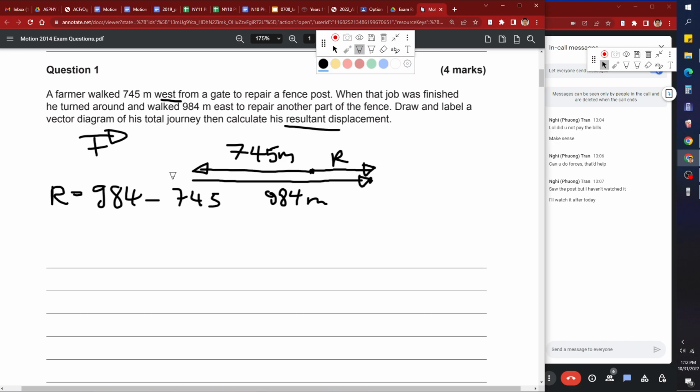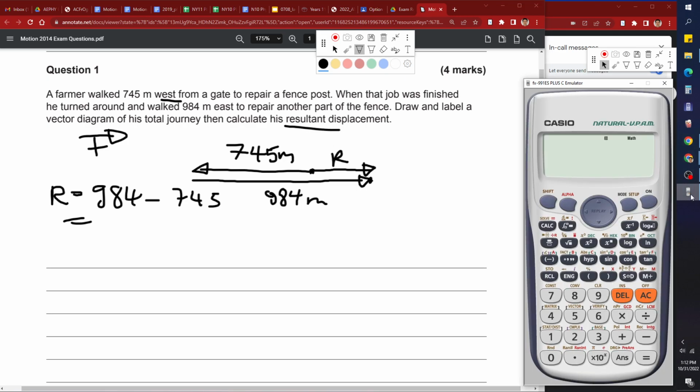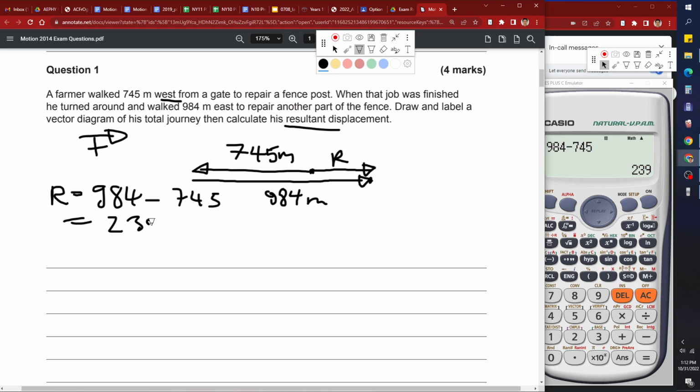And so when you take this and you minus this part, you're left with the resultant, which is that one, 239 meters. And put the direction, so east.